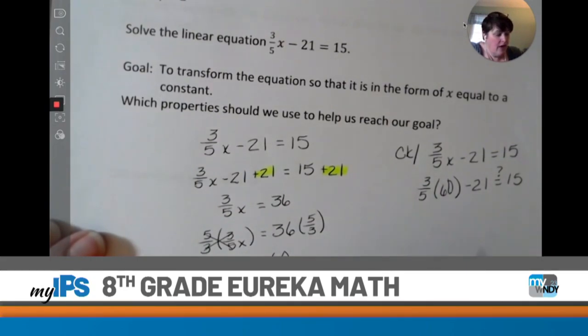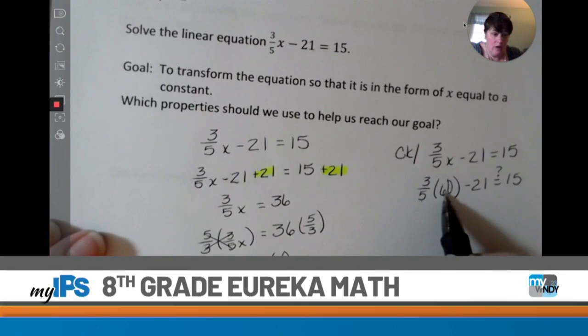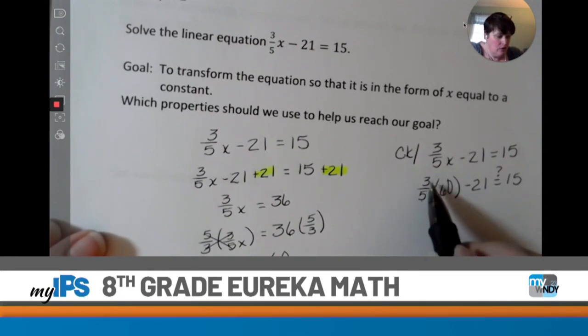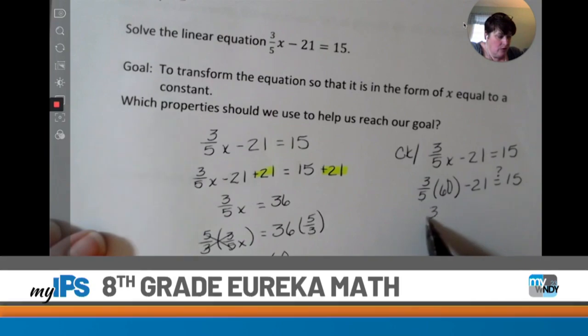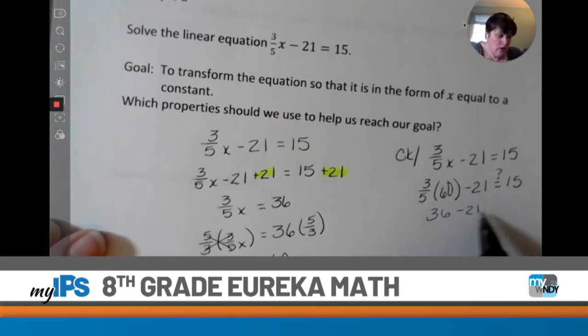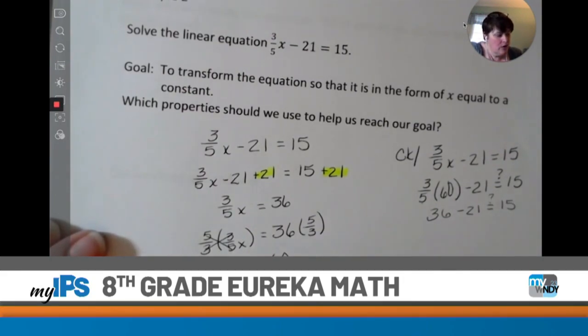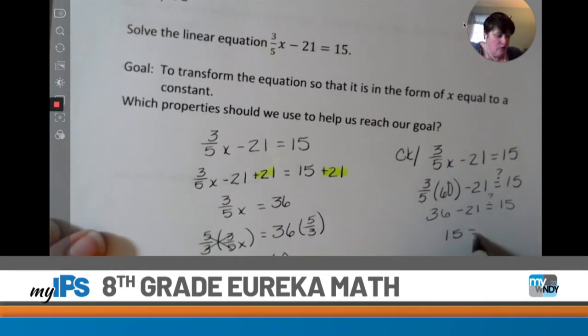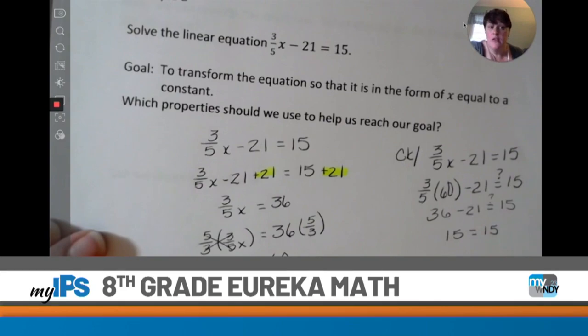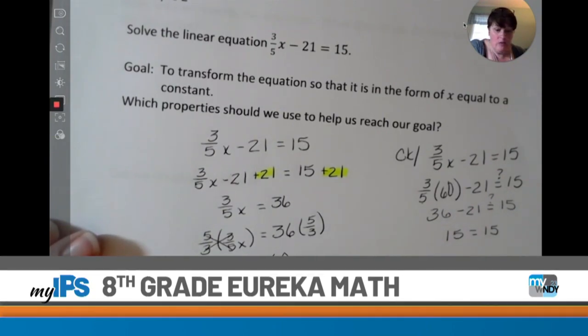Well, 5 divides into 60 12 times, and 12 times 3 is 36. 36 minus 21 should equal 15. 36 minus 21. Well, that's 15. Does 15 equal 15? Yes, they are the same. Therefore, we know that this is a true statement when x is equal to 60. So 60 satisfies this equation.